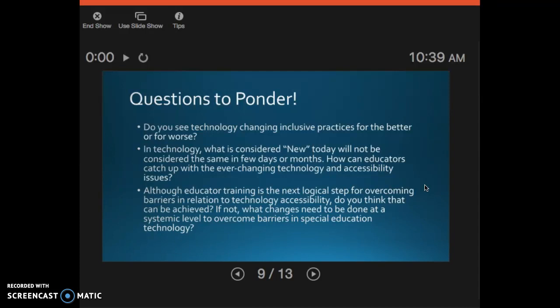Some questions to ponder. Do you see technology changing inclusive practices for the better or for worse? For me, I definitely see technology enhancing inclusive practices. Some examples I use on a day-to-day basis with my students is readability in Google Chrome. That makes websites so much more readable.